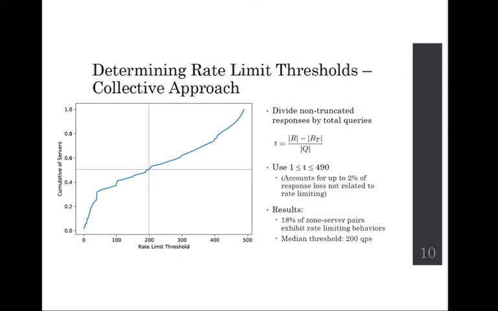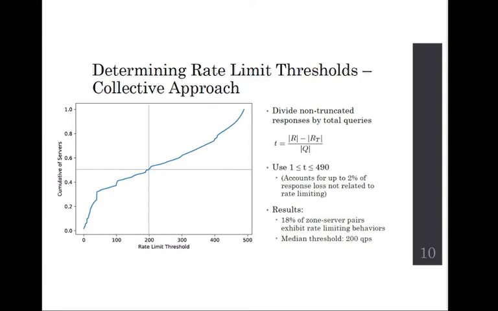Okay, and so what you see on the left here is for T, which is the threshold between 1 and 490. Now we left out a large jump between 490 and 500, and we believe that was in part related to normal response loss, perhaps because of the load we were throwing at things over that small amount of time, but we felt it was significant enough to leave off, and so we just discounted about 2% of that.